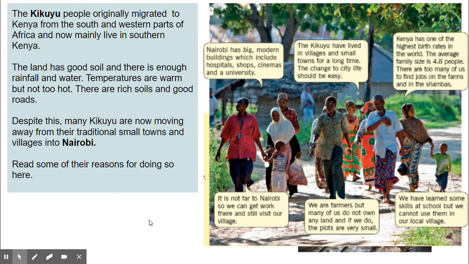So all of these reasons, all of these things are pushing or pulling these people from the countryside towards the city. I wonder whether you can think of which one of those 6 statements, which of them are pull factors, or which of them are push factors.